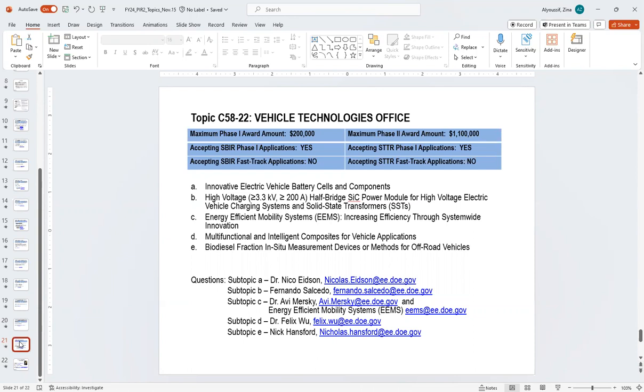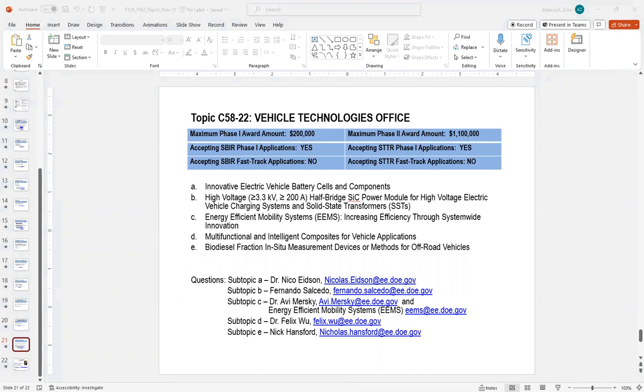As far as metrics to hit, you can take a look at the links provided in the topic text, looking at the USABC standards for performance metrics applicable for vehicle applications, as well as some of our past annual progress reports to see what our targets are within the DOE, specifically what cost targets are relevant for our space.